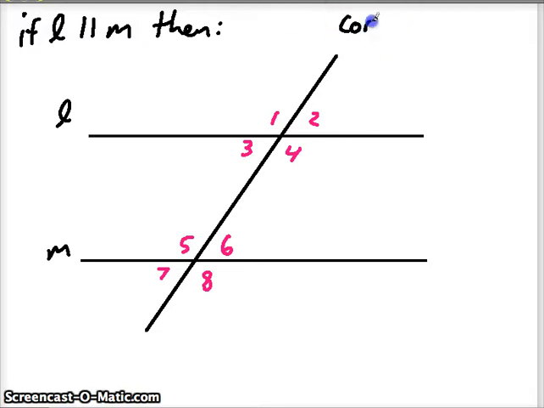Corresponding angles, I'm going to use the shorthand now. Corresponding angles are always equal if these lines are parallel. So the measurement of angle 1 is the exact same as the measurement of angle 5. Angle 3 is corresponding with angle 7. The measurement of 3 is going to be the exact same as the measurement of 7. Okay.